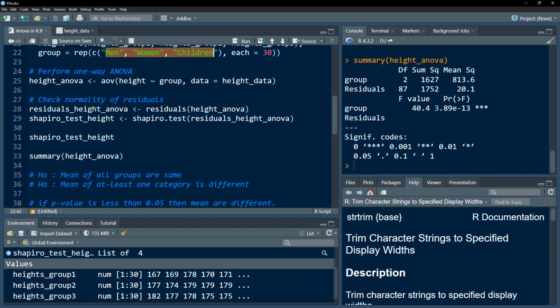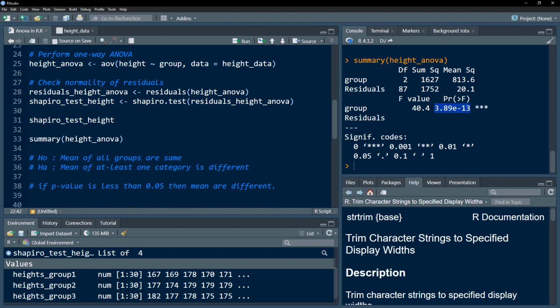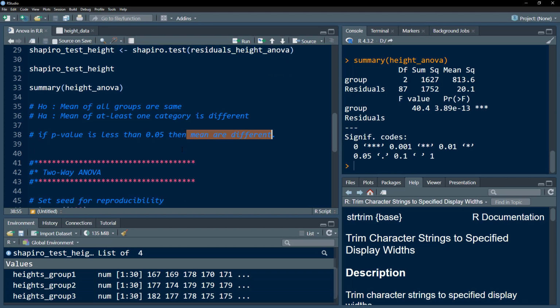Now, in this case, we get the p-value of 0.05, and we know that if the p-value is less than 0.05, we reject the null hypothesis, which is to say that the means are different. So if the p-value is less than 0.05, our conclusion would be that the means are different for these different categories.